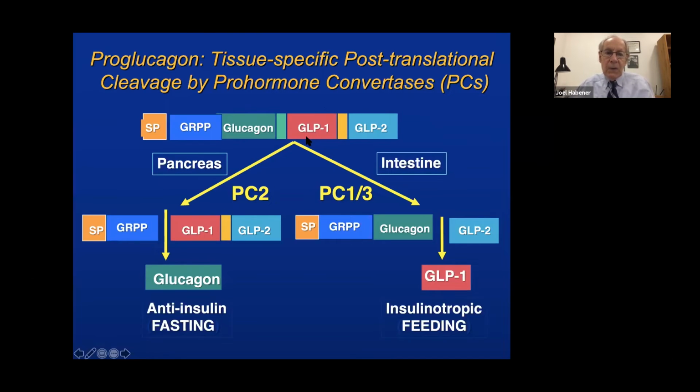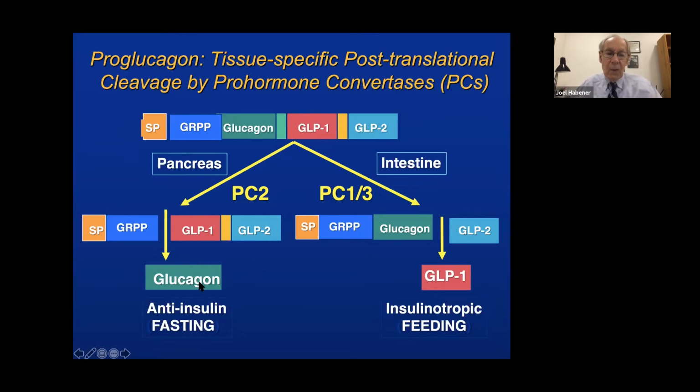In the pancreas, the predominant peptide that's cleaved from the proglucagon is glucagon, and in the intestine, the primary peptides that were released are the glucagon-like peptides, particularly GLP-1. And it's done by two separate convertases, PC2 and PC1/3.